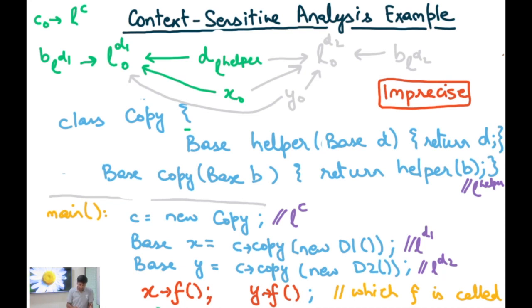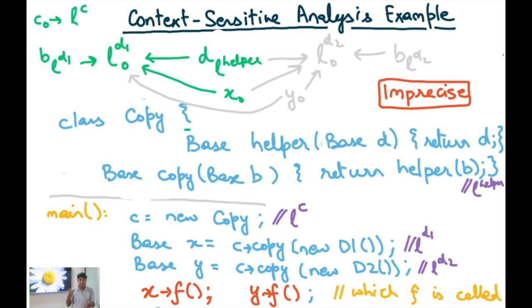Even though I'm using a context-sensitive pointer analysis, I get an imprecise answer because it seems like X can point to either D1 or D2, so I cannot resolve the virtual function called f at compile time. I'll have to resolve it at runtime. Similarly for Y. And so this is imprecise, even though I'm using a context-sensitive analysis.